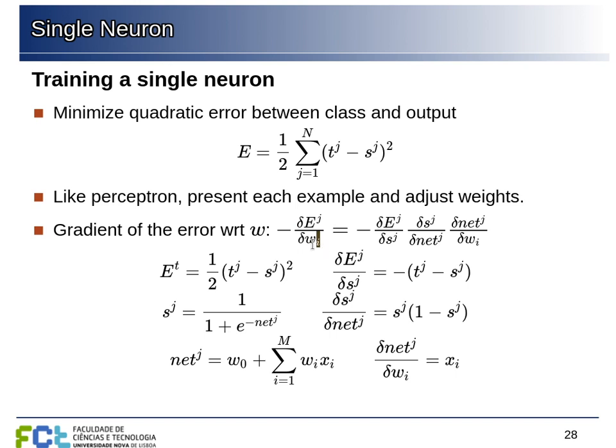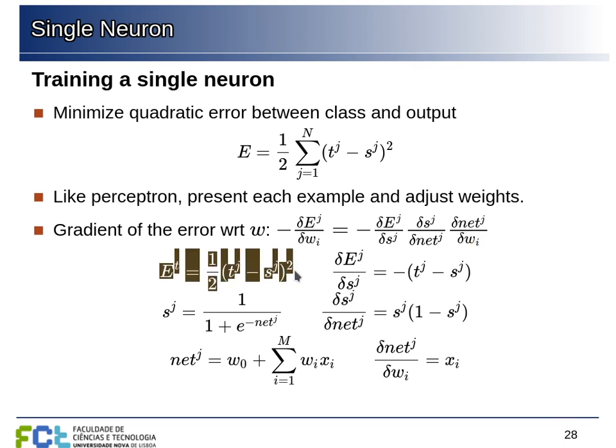And what we need to do to get that is to chain all of these derivatives by multiplying them: the derivative of the error with respect to the output of the neuron, the derivative of the output of the activation function of the neuron with respect to that weighted sum that we feed into the activation function, and then the derivative of that weighted sum with respect to the weight that we are trying to update.